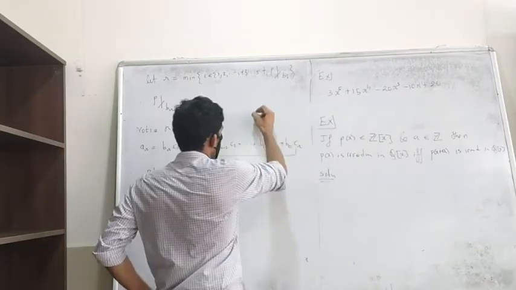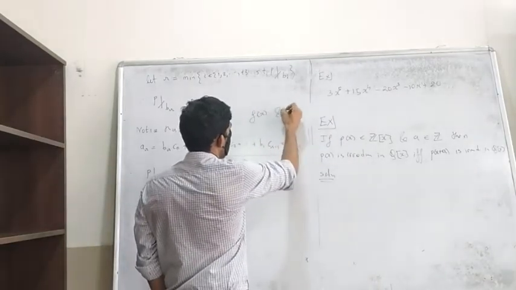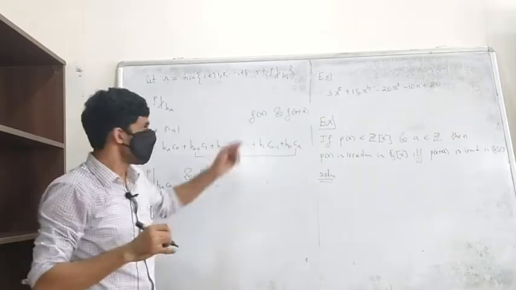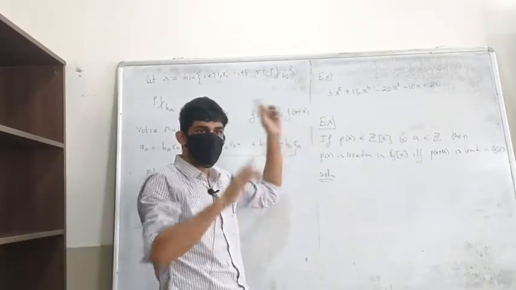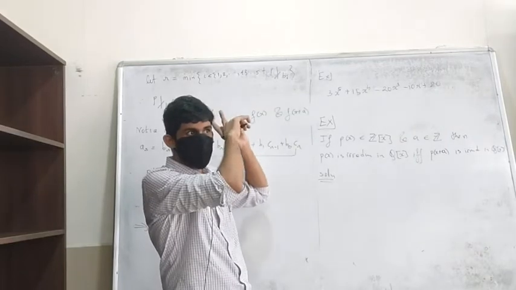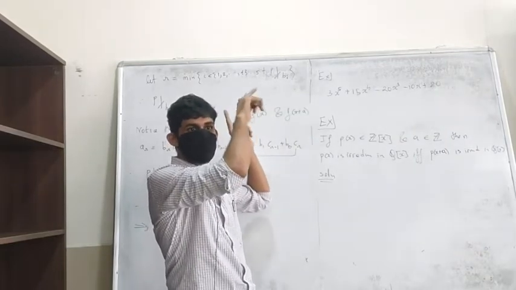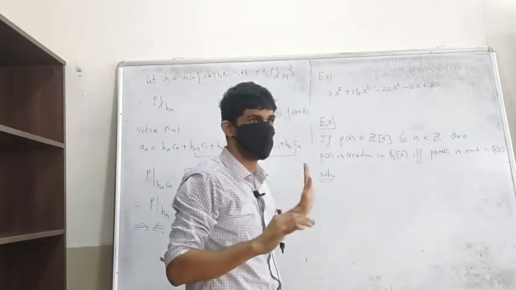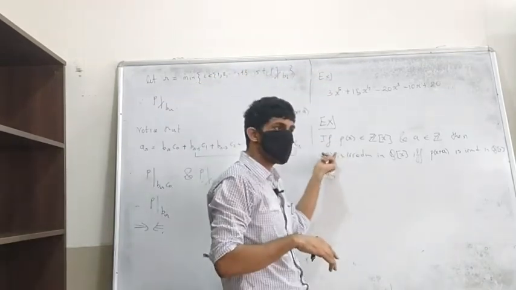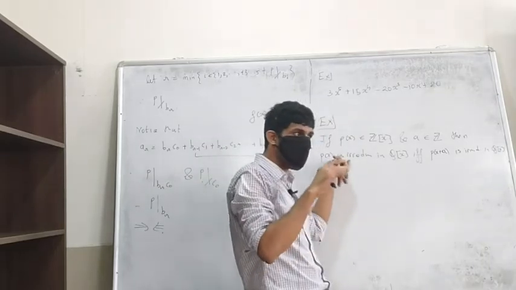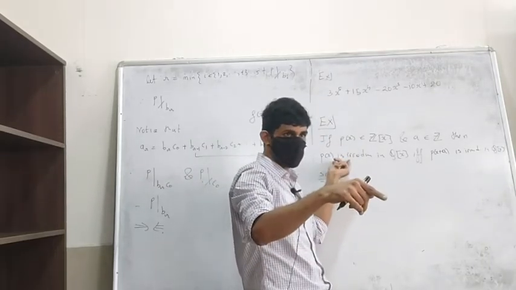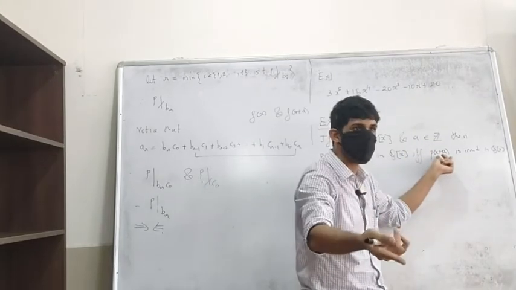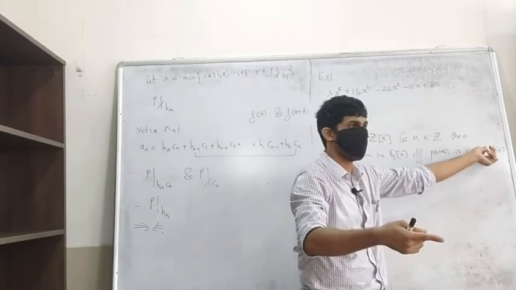The degree of f and f of x plus a will always be the same, because the degree only comes from expanding the binomial, the leading term (x plus a) raised to n. So it will remain n. Both have the same degrees. So if you say it's reducible here, that means you can write P as f into g, but P of x plus a will be f of x plus a into g of x plus a. Hence it's reducible there.